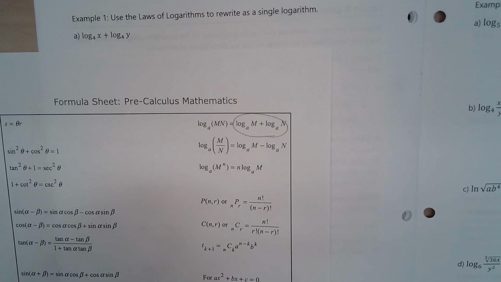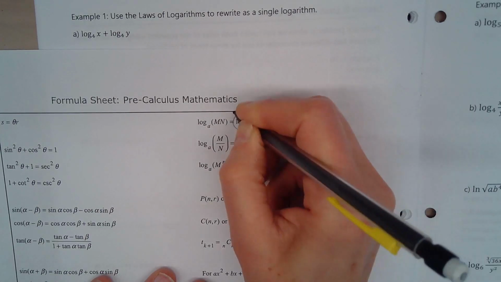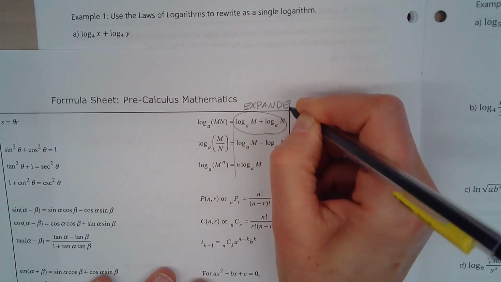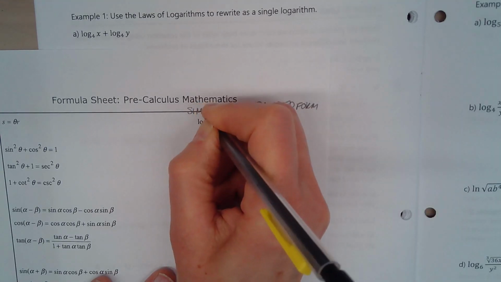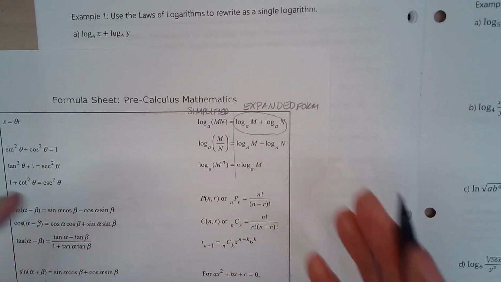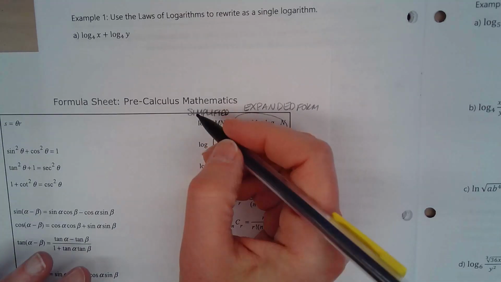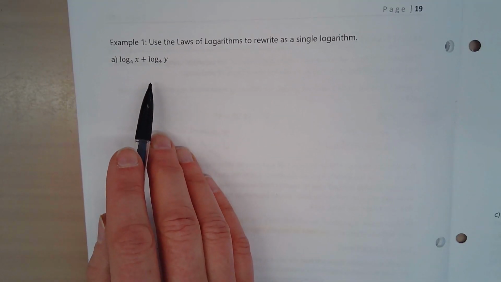So this side is the expanded form, and this would be called, to me, simplified, because it's smaller. That's how I would say it. So we can compress. Compressed or simplified, expanded. Here you're given expanded and you're compressing.